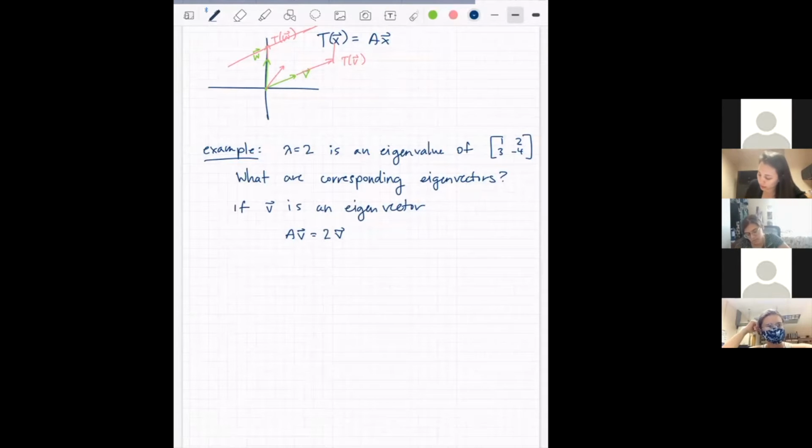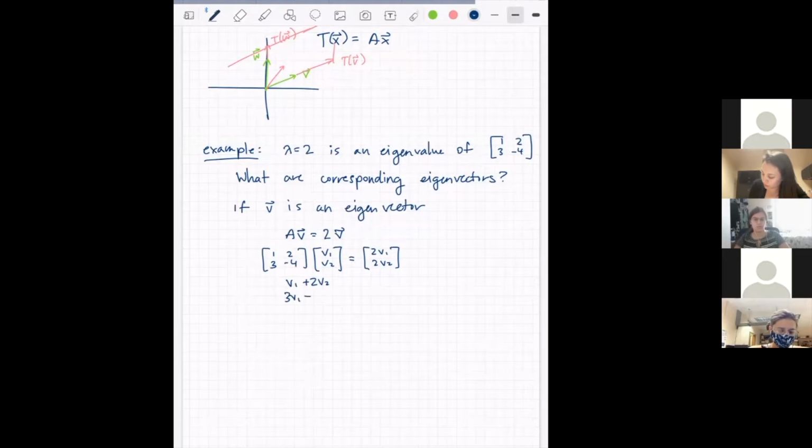So just multiplying this out, we'll say v is the vector with entries v1 and v2, then 2 times v is 2v1, 2v2. And on the left-hand side, we can write this out: v1 plus 2v2 for the first entry and 3v1 minus 4v2 for the second one.